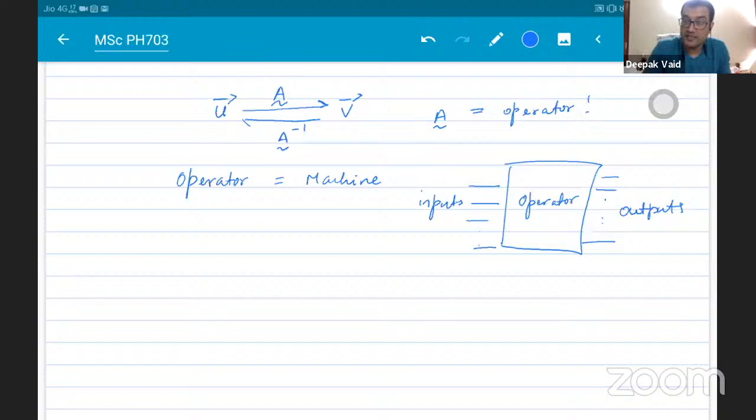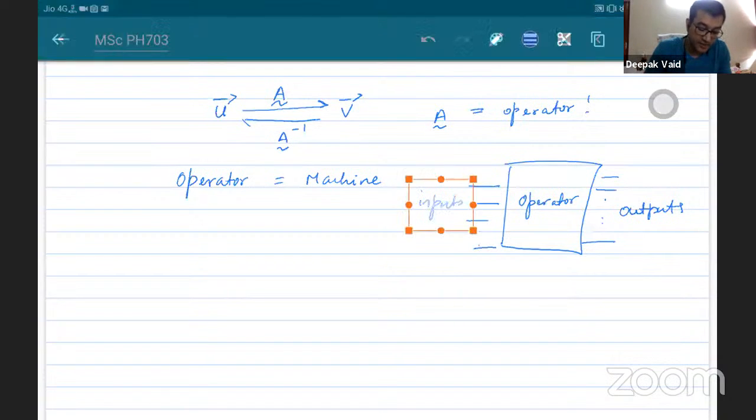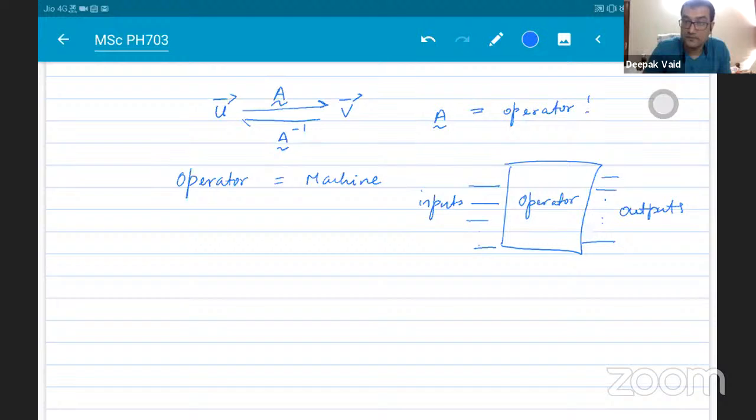That's an operator. It takes in some inputs and gives you some outputs, right? In our case, the number of inputs is equal to the number of outputs, and we want the operation to be linear.